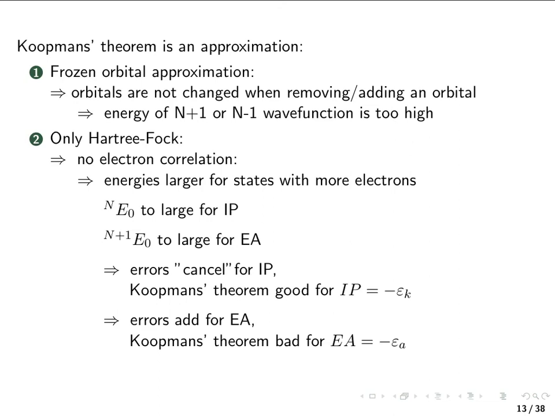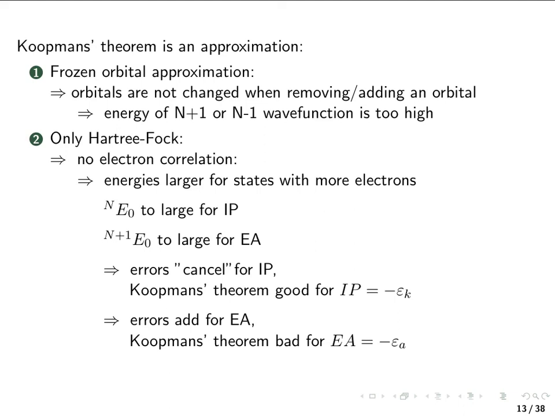The second reason why it's an approximation is that we only use Hartree Fock theory, so we have not included electron correlation. Now the electron correlation effects are larger the more electrons we have. And that means in the case of the ionization process, the electron correlation effects are larger for the n electron state, and since we do not include them, the n electron energy is too large.